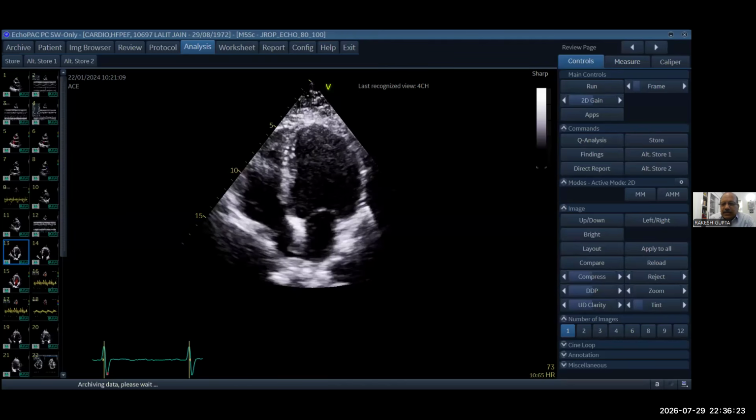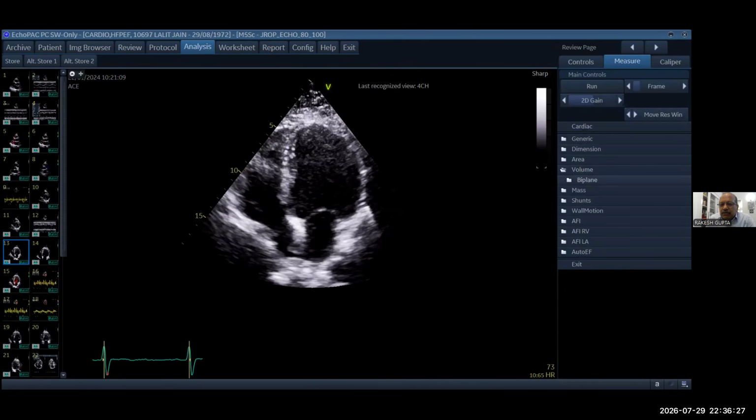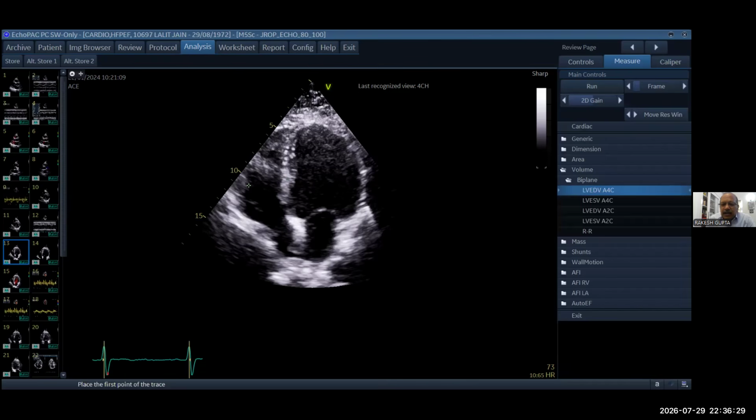So I'm going to measure this. I'm going to go to volumes, to biplane ejection fraction, and this is 4-chamber. I'll start with this annulus over here, the medial annulus, the hinge point of the anterior mitral leaflet. I'll just start tracing the black and white interface. Look, I'm tracing the black and white interface.